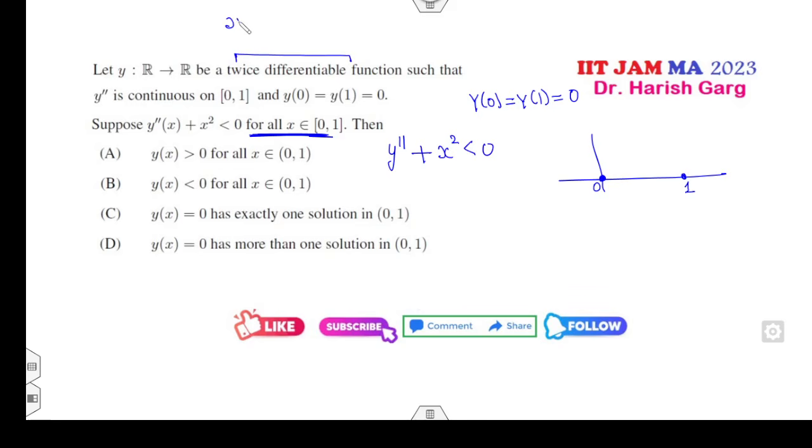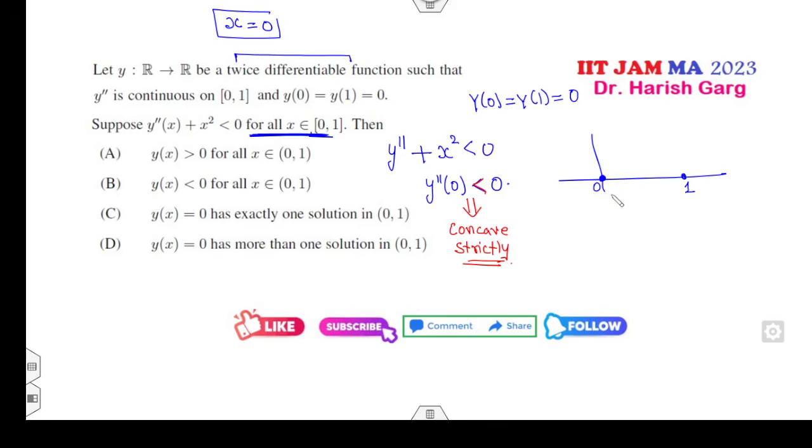For all बोला है, I can choose x is my 0. तो वैल्यू कितनी आ गई? y double dash 0 plus 0 is less than 0. Fine. क्या मतलब है इसका? Whenever the second derivative is less than 0, the function is concave, and because it's strictly less than, I call it strictly concave.